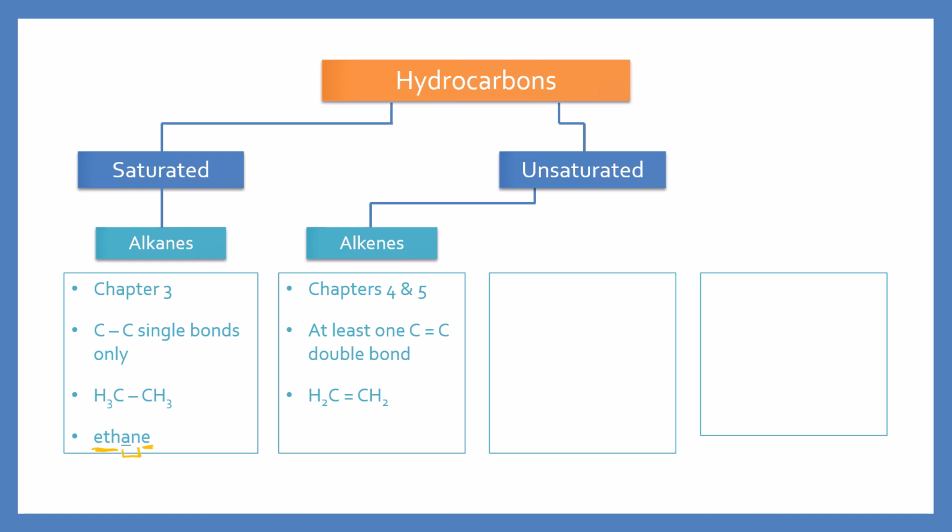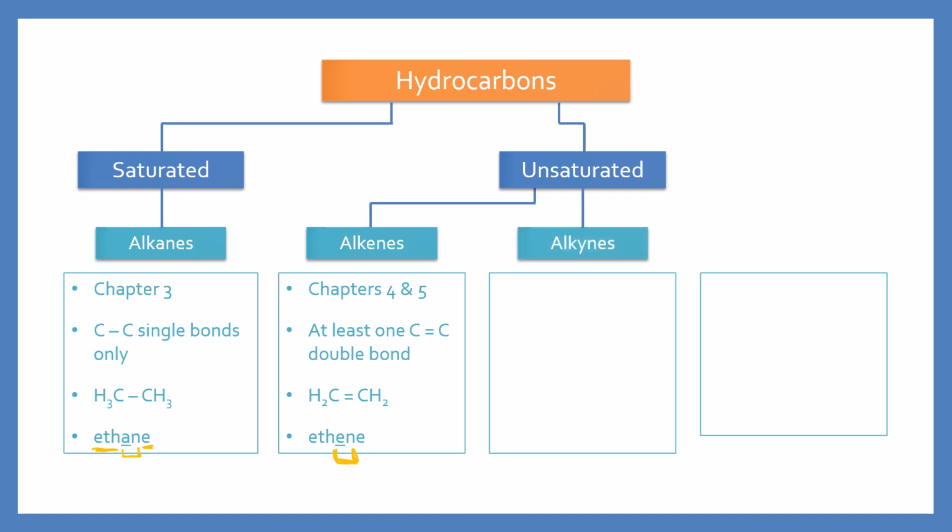Notice that in our alkane, which is saturated, there are 3 hydrogens on each carbon, which is the maximum in this situation. Whereas in the alkene, which also only has 2 carbons, there are only 2 hydrogens on each carbon. The name of this compound is ethene. So notice that the prefix and the suffix have stayed the same, but the infix has changed to reflect the presence of carbon-carbon double bonds.